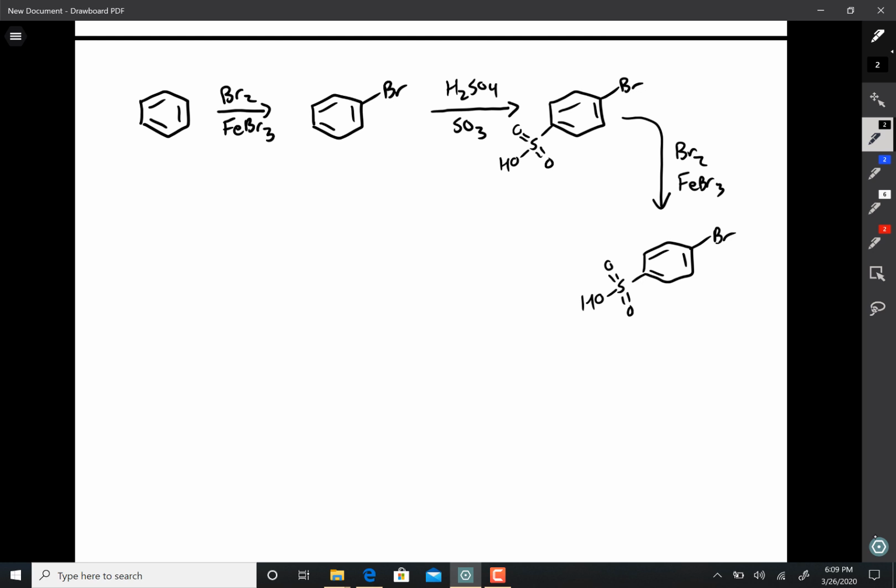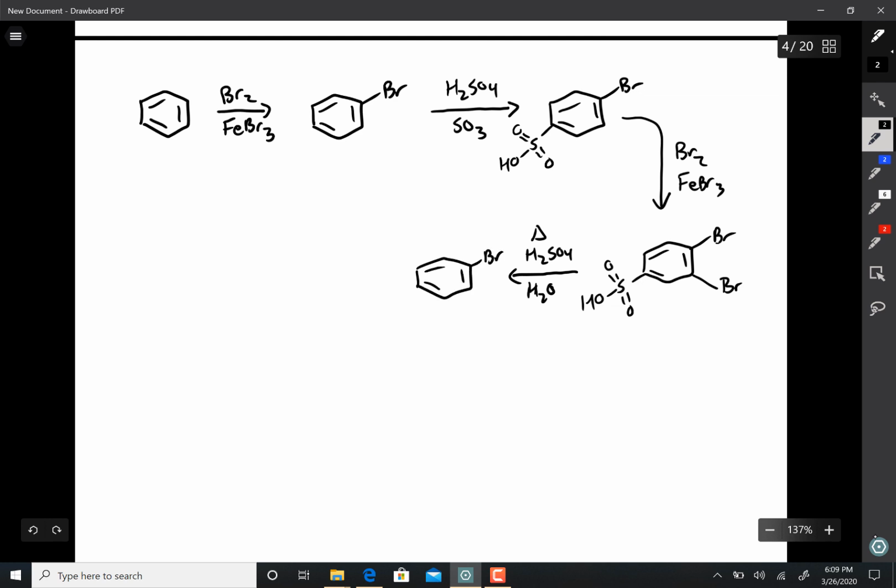The para position is blocked, so the bromine goes ortho. Now if we do the desulfonation process, heat, acid, and water, we get this. An ortho-disubstituted compound.